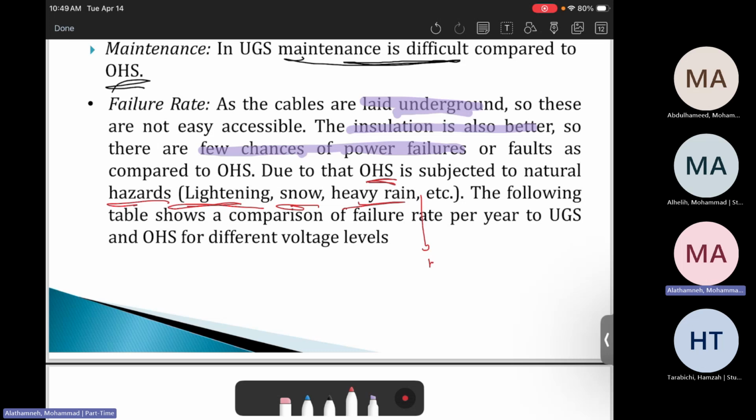Therefore, we can say the failure rate for UGS is low compared with the failure rate of OHS.